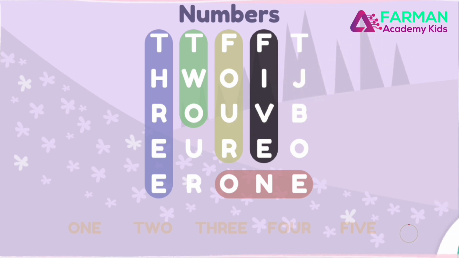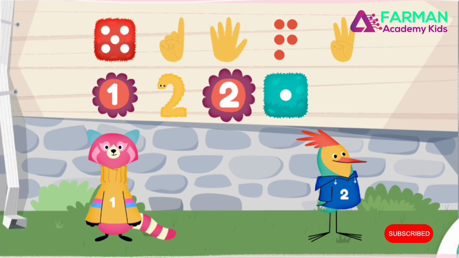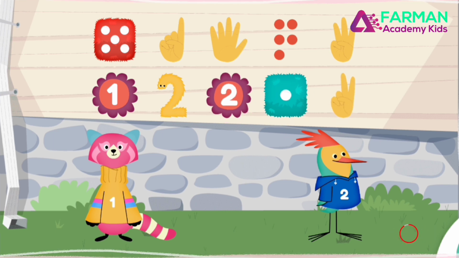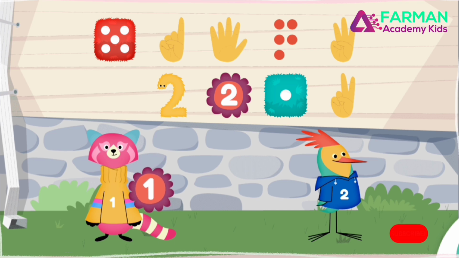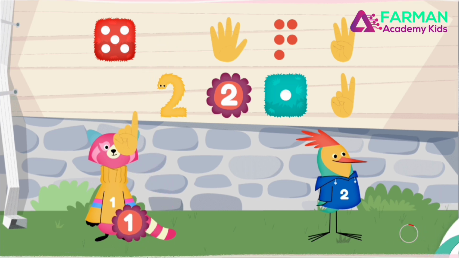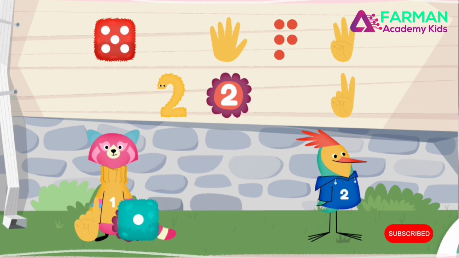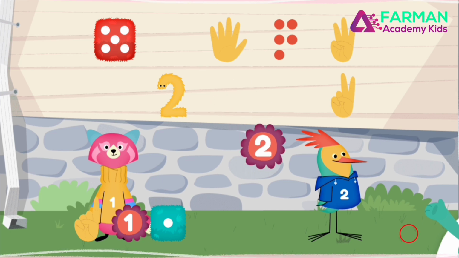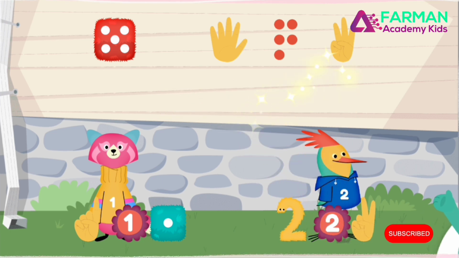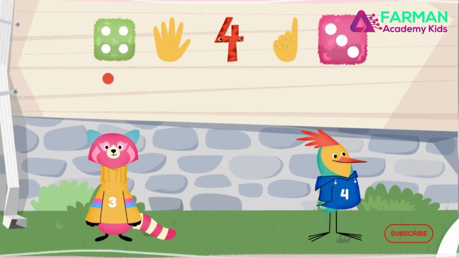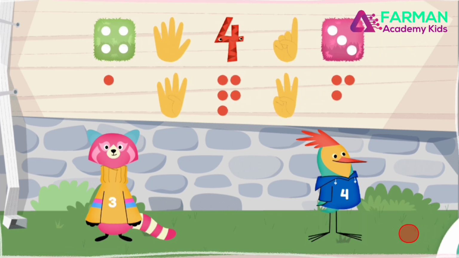Drag all the number 1 to Rhea. Drag all the number 2 to Peck. Great! Drag all the number 3 to Rhea. Drag all the number 4 to Peck.